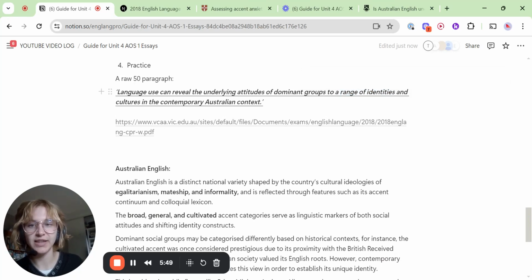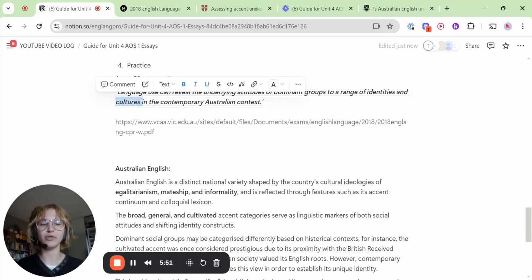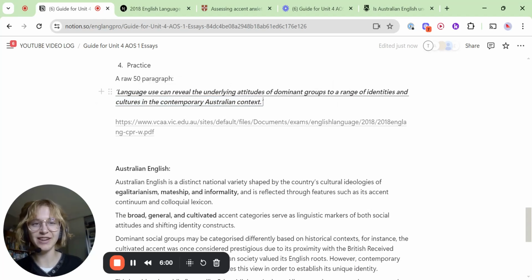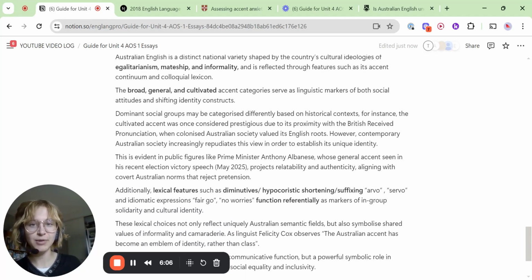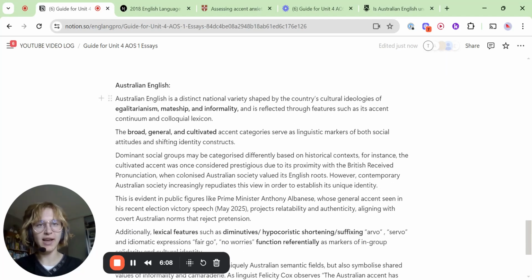And then cultures as well. So I'm thinking, am I going to be talking about ethnolects? Am I going to be talking about Aboriginal Australian Englishes? And contemporary Australian context, that's going to be in every essay prompt that you do. So it's kind of like a use metalanguage in your response that you can just ignore because you'll be doing it anyway. Great. So as we go through, I'm going to be highlighting the key ideas presented in this Australian English paragraph.